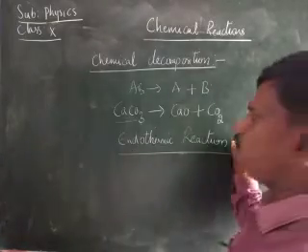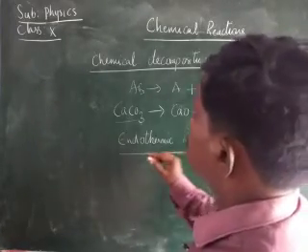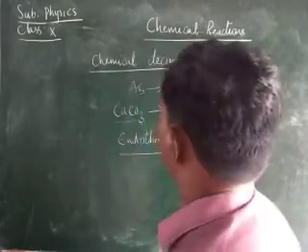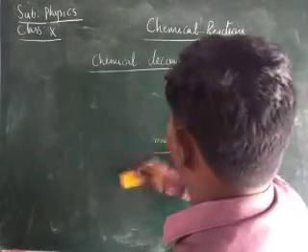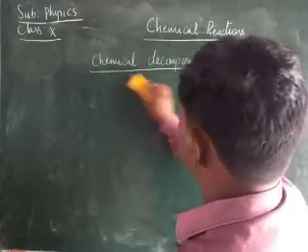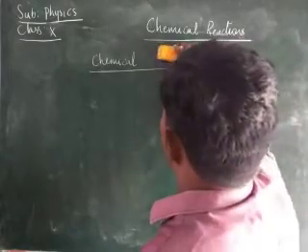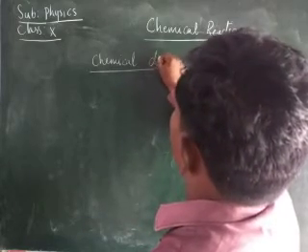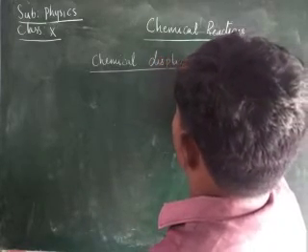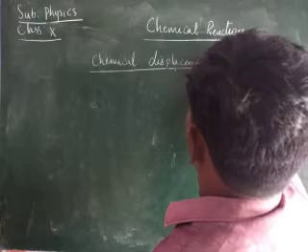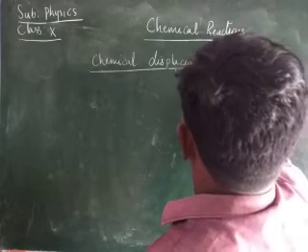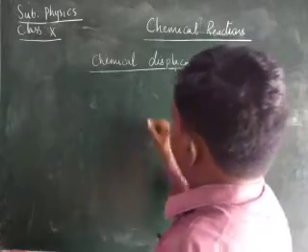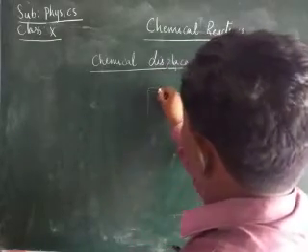Next, we go with the chemical displacement reaction. For this, what we do is, you take a conical flask.